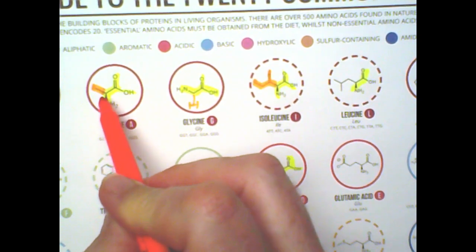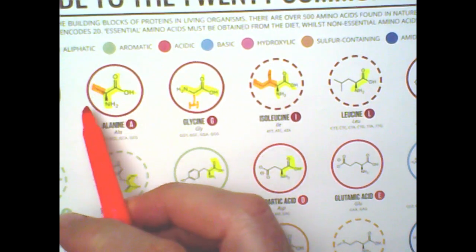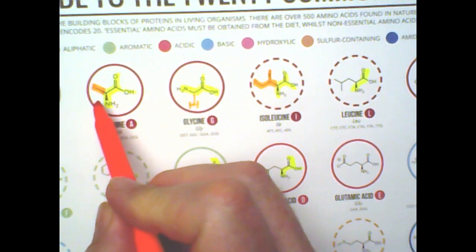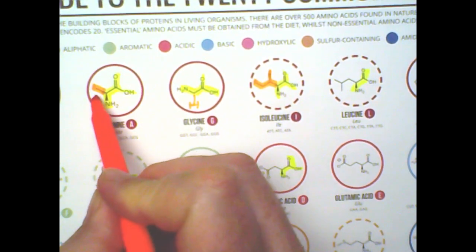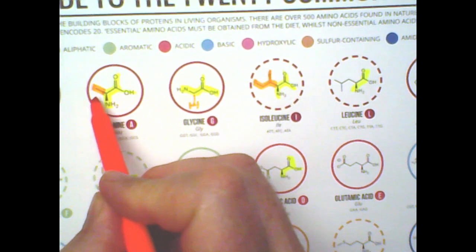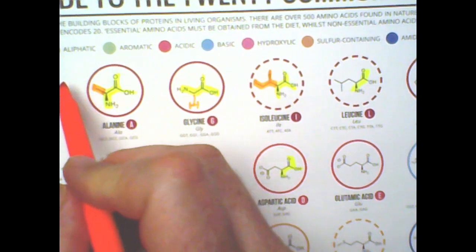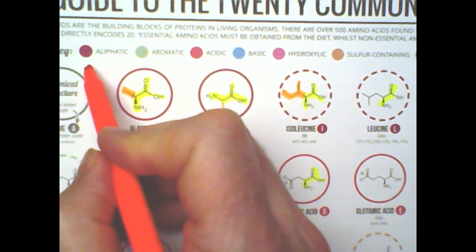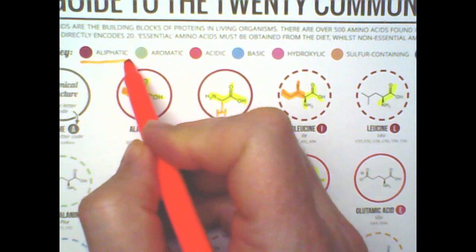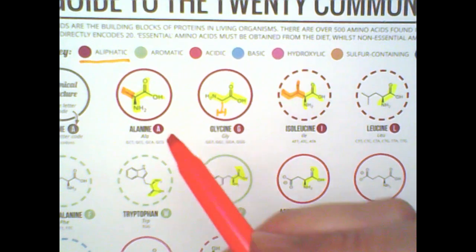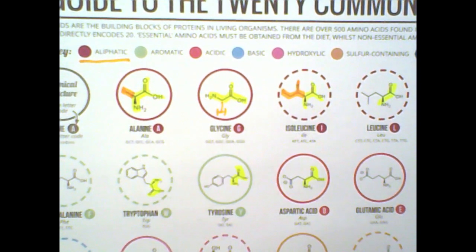We can classify side chains according to their chemical properties, which are related to functional groups. This is just a methyl group, so it is an alkane or an alkyl group, and on this chart it is described as aliphatic. Well, we could say the side chain has an alkane here.